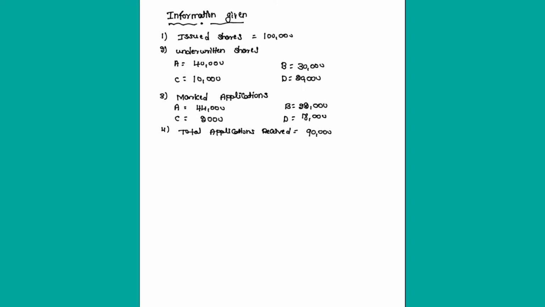So overall, how many shares they issued to the public? They issued 1 lakh shares to the public. And how many shares the underwriters underwrote? 40,000 A, 30,000 B, 10,000 shares of C, 20,000 shares of D. And marked applications A 44,000, C 2,000 applications, B 22,000 applications, D 18,000 applications.